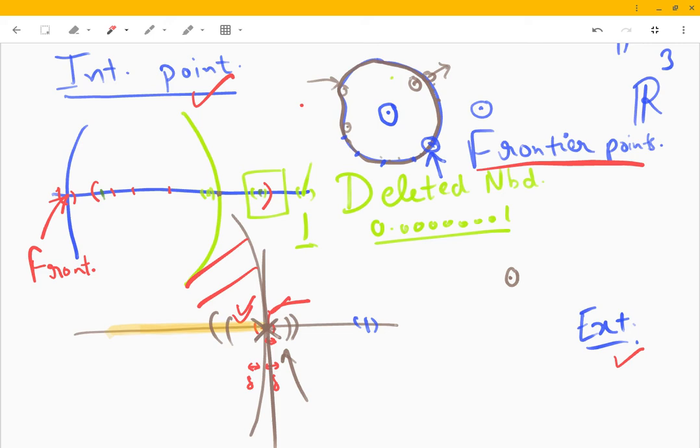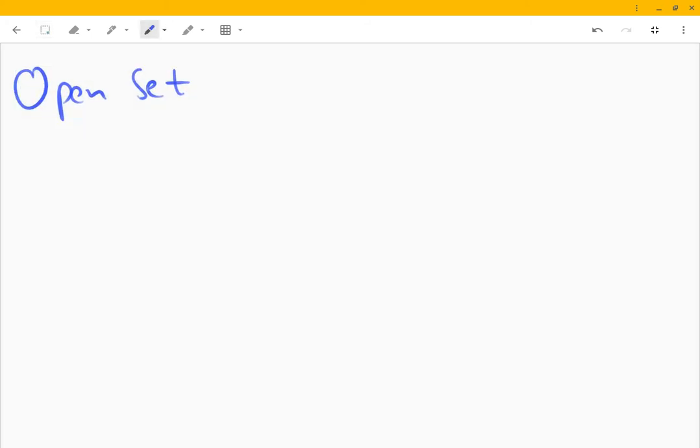Now, open set or interval. First let's do it side by side: open set and closed set. Now, open set is when, let's write it mathematically.